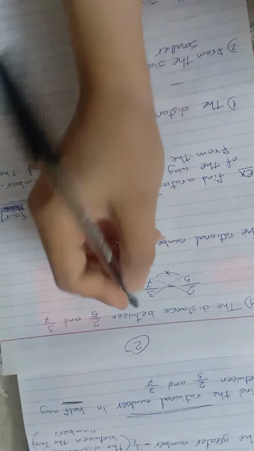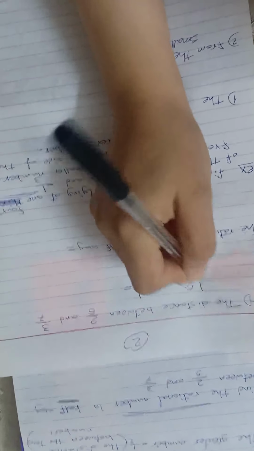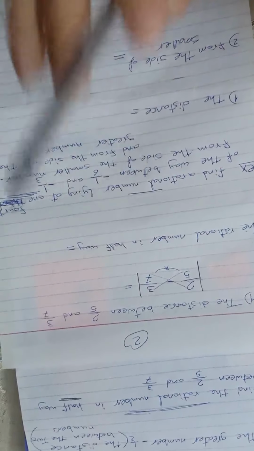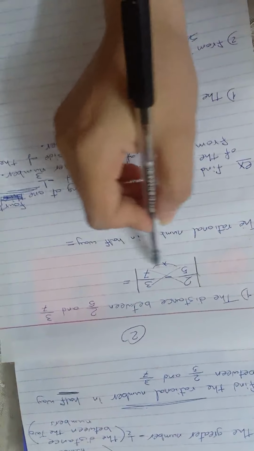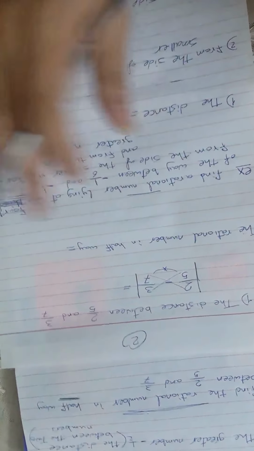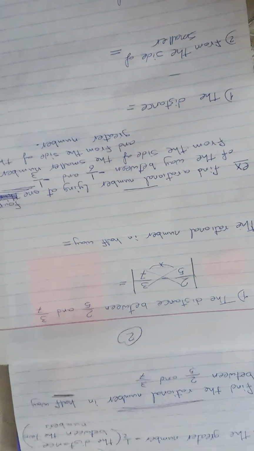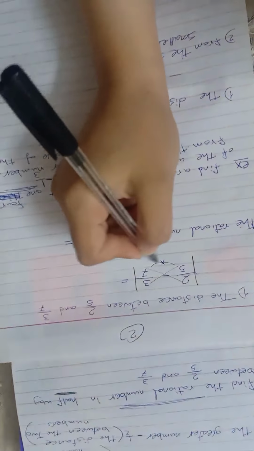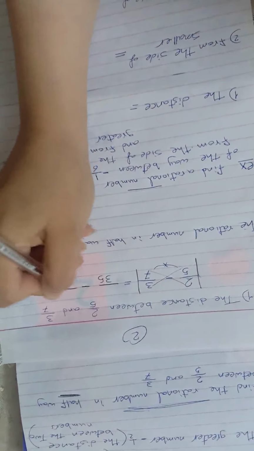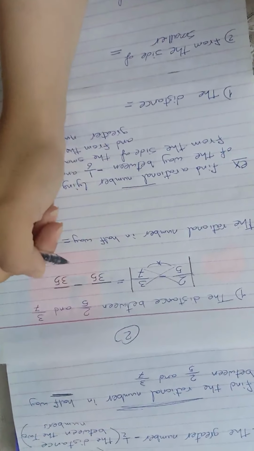To find the distance, it's the difference between the two numbers within absolute value. To find this difference, the denominators must equal the same number. It's called common denominator. 5 multiplied by 7 equals 35, and the other fraction has the same denominator 35.